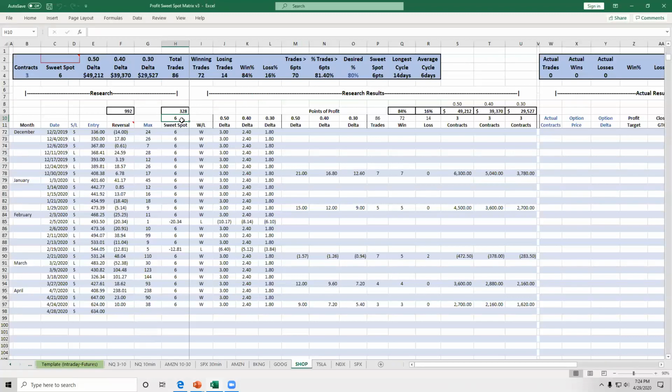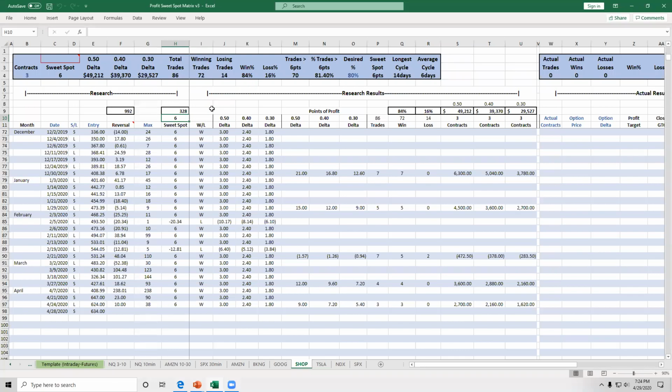In this case, the 80% win rate is a sweet spot of 6. What that means to us is that as this tool looks back historically, it has determined that 80% of the time Shopify will move 6 points or more.